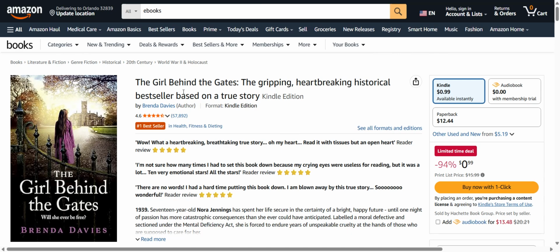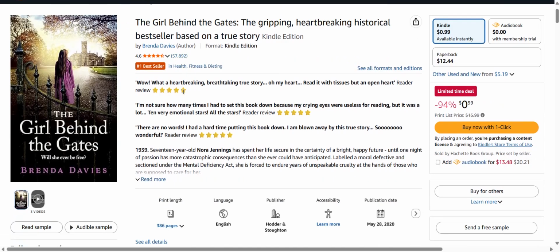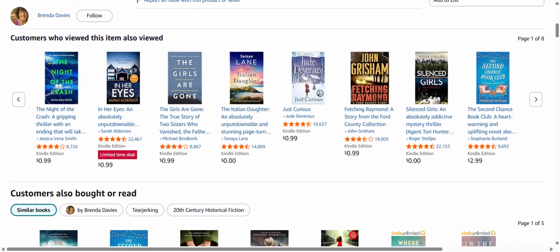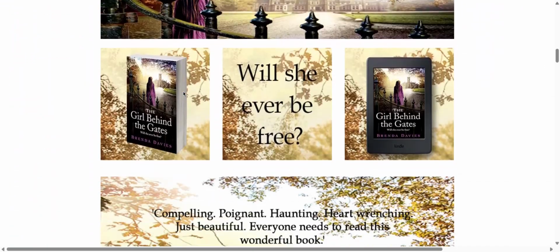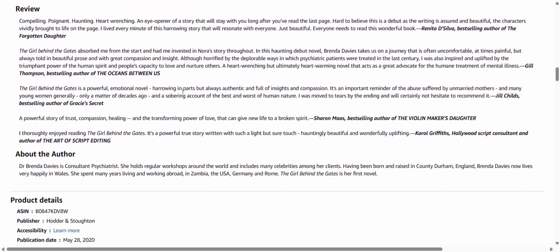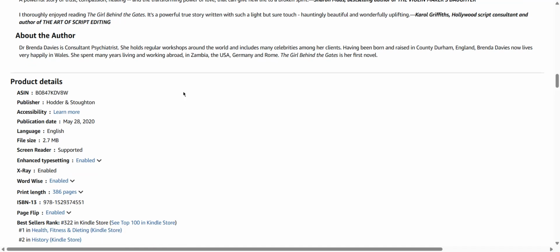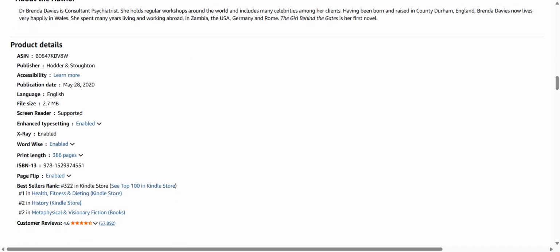Now, where you're going to find the BSR for this product is you scroll down. This is on the Amazon platform. It might be different on other platforms, but on Amazon, you scroll down to where it says product details. Under product details is where you will find the BSR, bestseller rank.